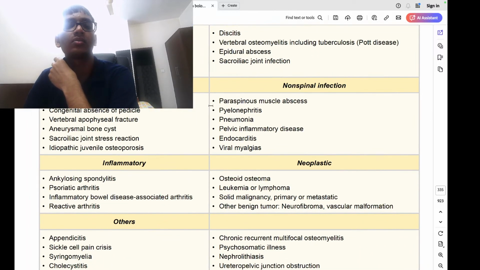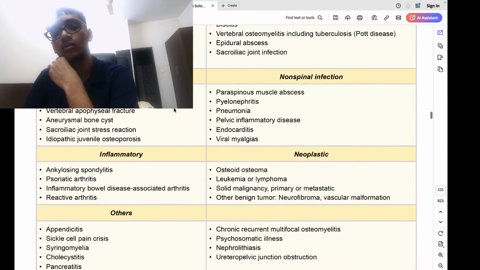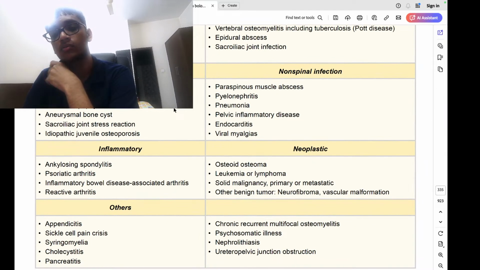Others, you have intervertebral disc calcification, congenital abscess of pedicle, vertebral apophyseal fracture, aneurysm, bone cyst, sacroiliac joint stress reaction, idiopathic juvenile osteoporosis.